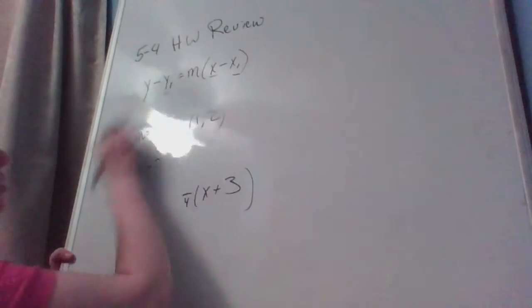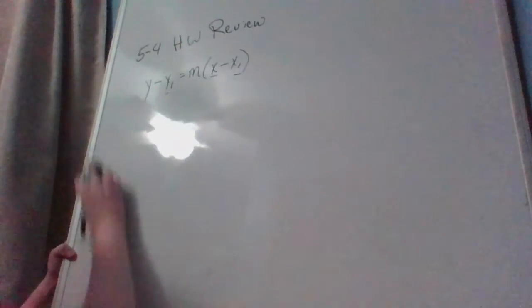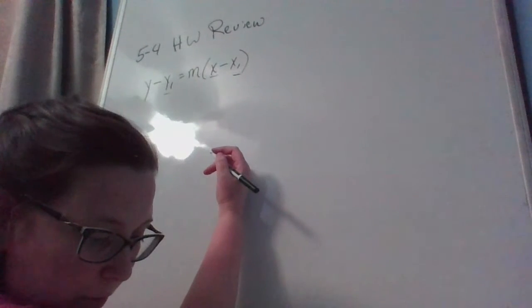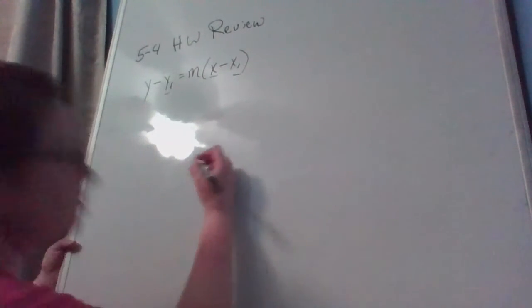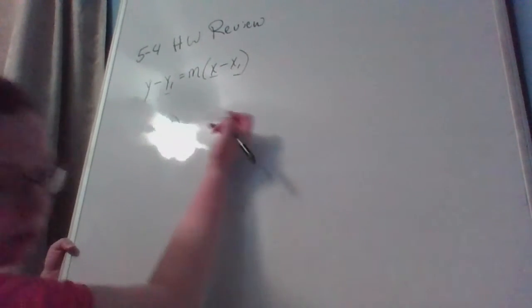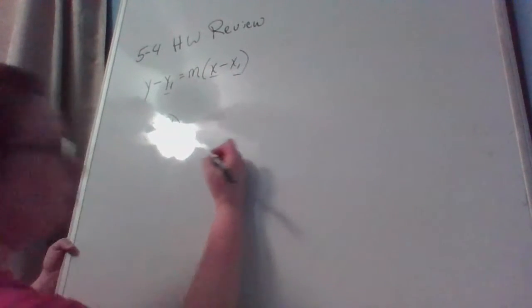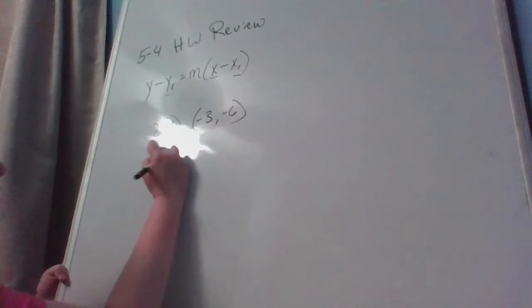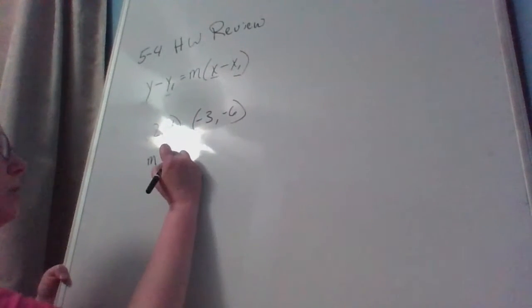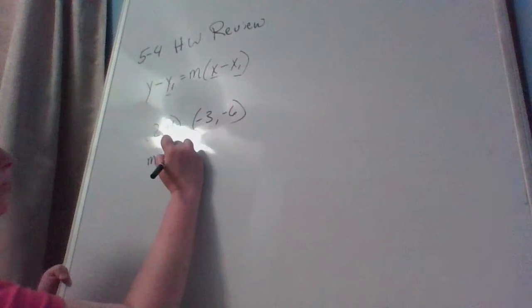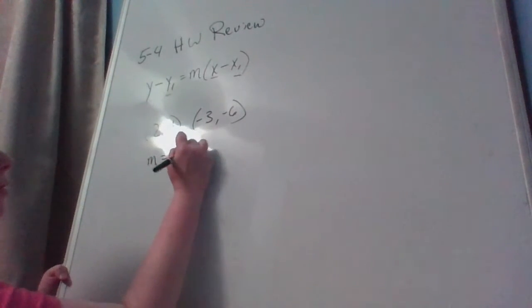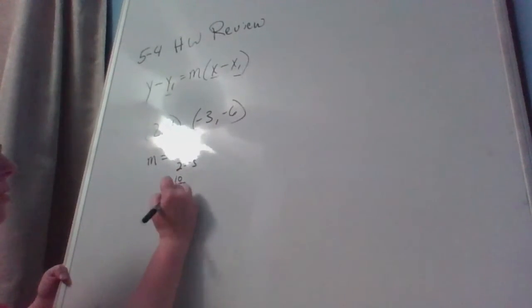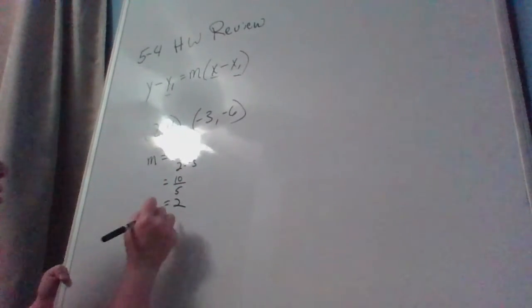So they're asking for both this form and slope intercept form, which, going back to the last lesson, 2, 4, and -3, -6 are our points. First thing we need to do for either equation is come up with our slope. So 10/5, which is 2, is our slope.